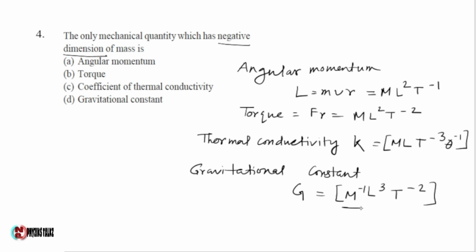So here M has negative dimension, so the correct option is gravitational constant. Next question.